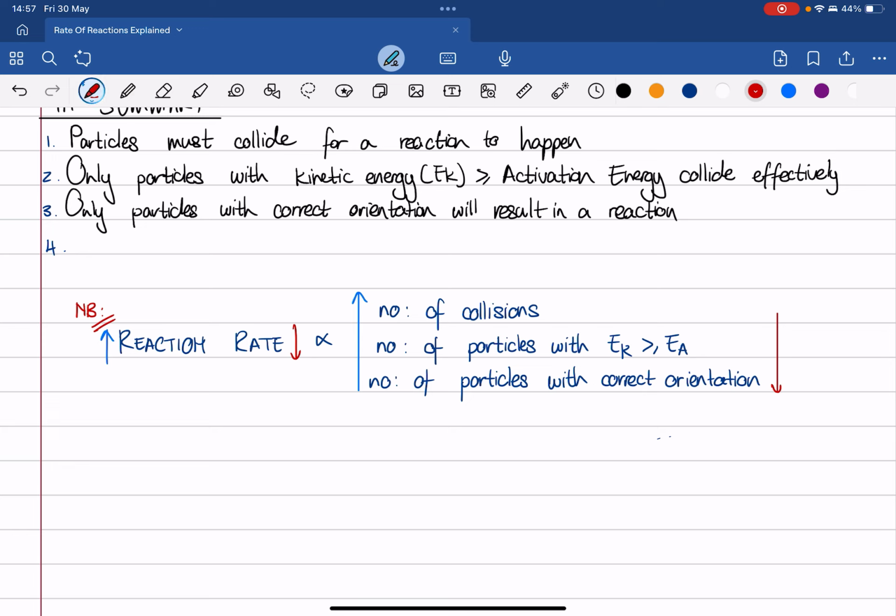So this answers the question, how do I increase the rate of reaction? I either increase the number of collisions, I increase the number of particles with kinetic energy greater or equal to the activation energy, or I increase the number of particles with the correct orientation. Increasing any of these three things will increase the rate of a reaction. Beautiful.